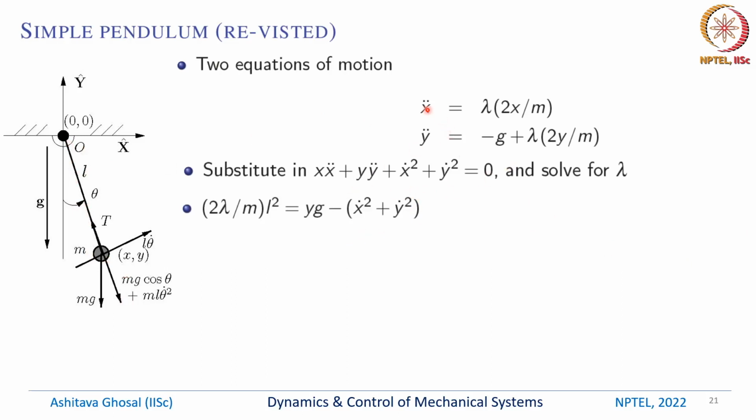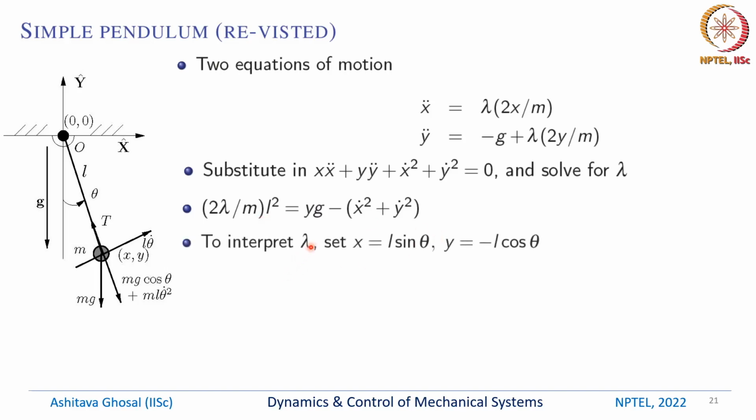If you substitute lambda into 2x by m and minus g and so on into this expression, we'll get 2 lambda by m L squared, y into g minus x dot squared plus y dot squared. This is what you will get.